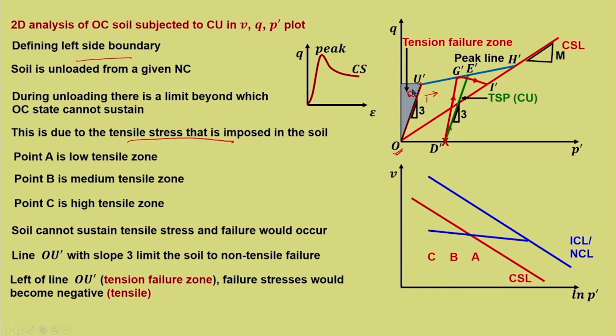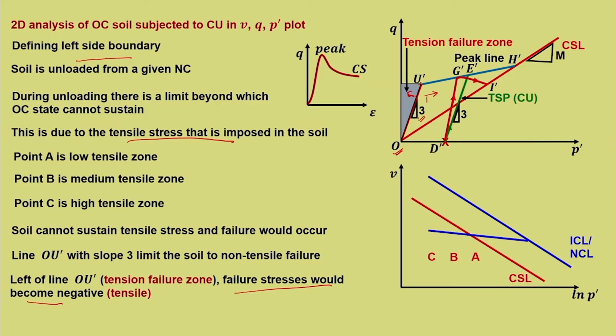Now, please keep in mind this particular sentence. We will know this better in our subsequent lectures, where we will show that in Q P dash representation, this slope is considered as 3, beyond which it will be a tension failure zone. Why does it become a tension failure zone?